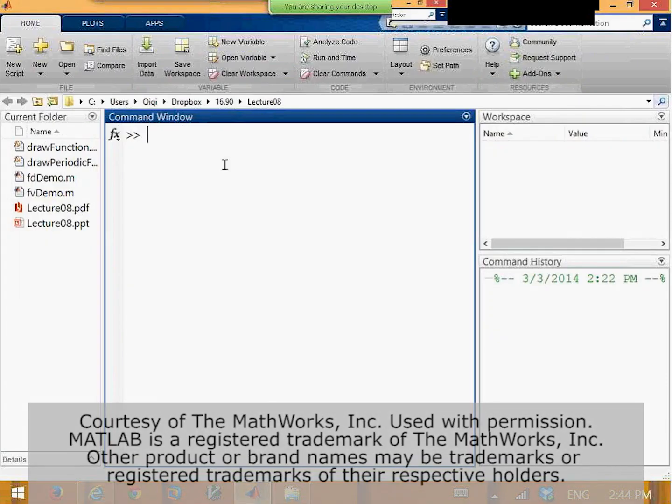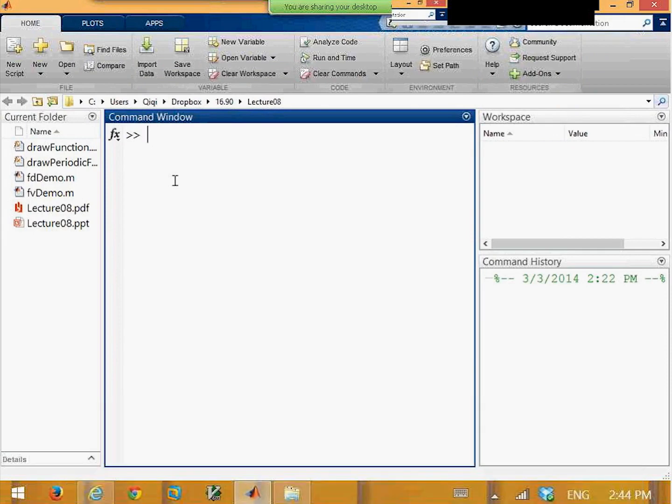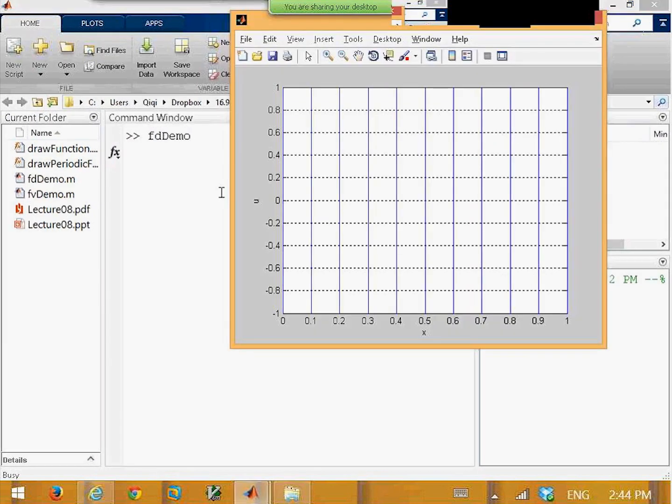Okay, so I'm going to go to MATLAB. The first thing I want to show you in MATLAB is, let me show you in the next class what's the difference between finite difference and finite volume. But I'm just going to show how a finite difference discretizes a function. When we have a function in space, we have to discretize it, because the function is really infinite dimensional, and we only have finite memory. If you draw a function like this, finite difference only stores the values on the grid points.